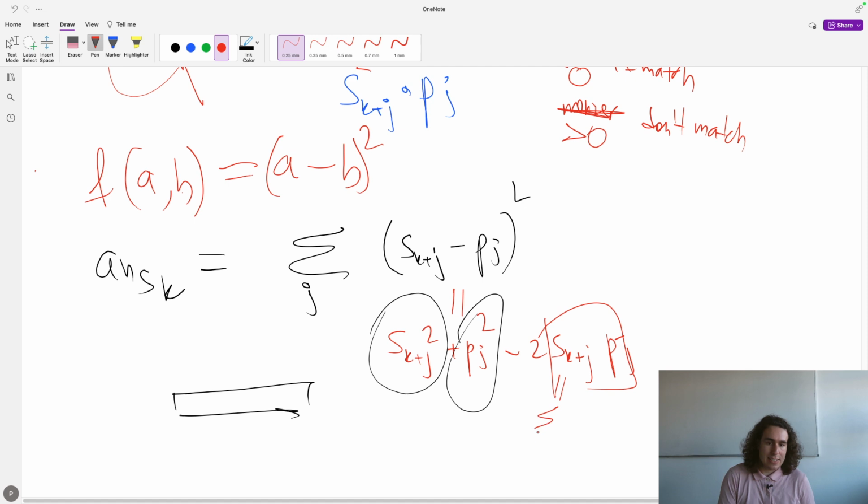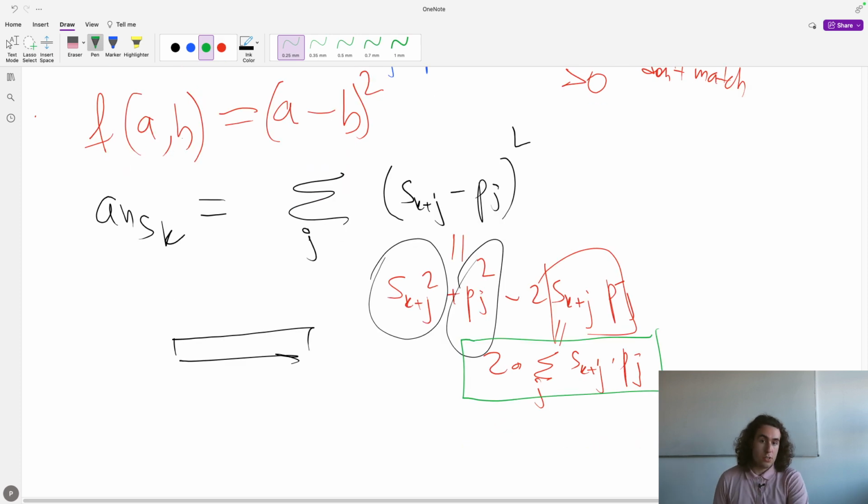In total, this is 2 times the sum over j of s_{k+j} times p_j. And this is where we have a convolution. Only here do we need to do a convolution. And then if we take the sum of squares on a segment of s, plus the sum of all squares in p, and then subtract twice the convolution, we get ans_k. And we know that ans_k is 0 if and only if they match.